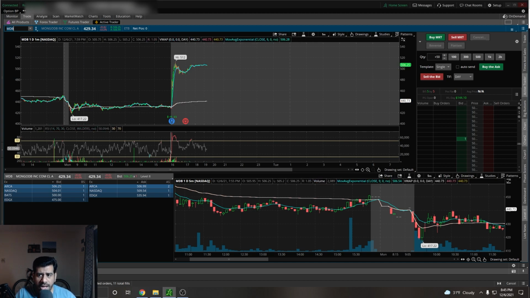So I just bought 5 shares at 433, considering the price of this MongoDB stock is very high. I didn't want to get in with 10 shares or 15 shares, because if things go sideways or against me, then I could end up having massive losses.